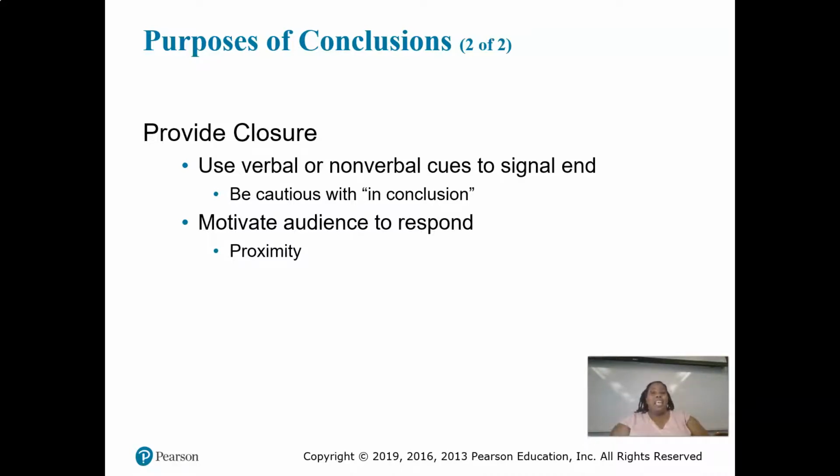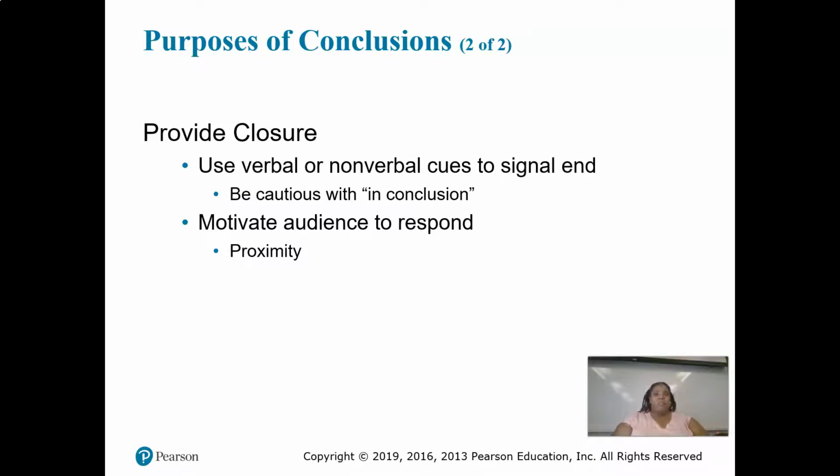In formats such as Monroe's motivated sequence, the conclusion is also called the action, and that particular setup requires that the audience thinks about what actions they can take to solve the issues and problems that the presenter or the speaker presents.